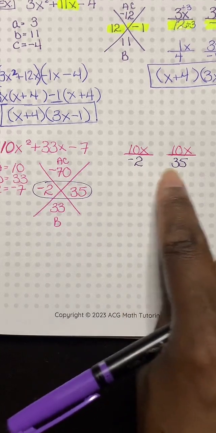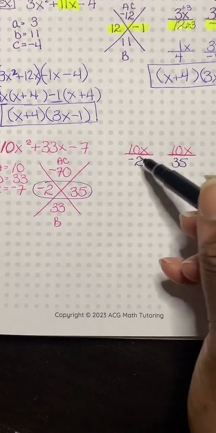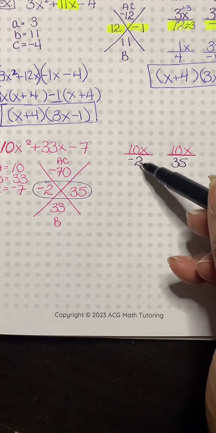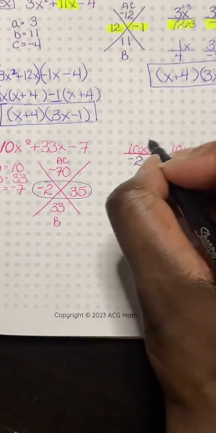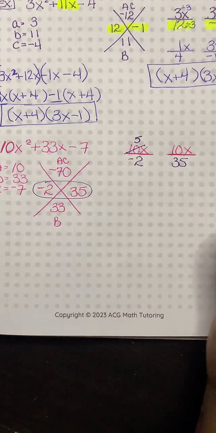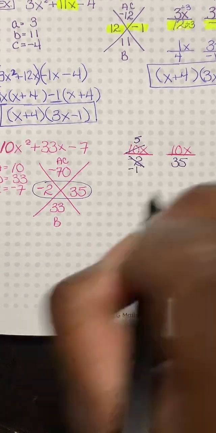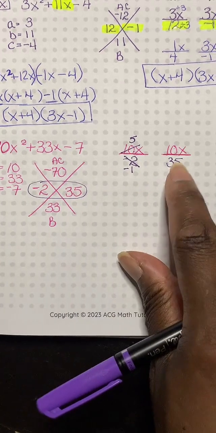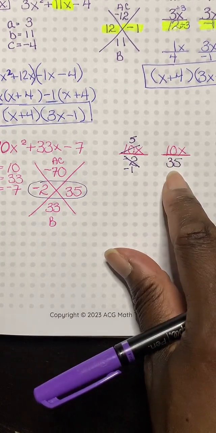So, looking at our ratios, this first one can be reduced. 10 and 2 are both even, so they're both divisible by 2. 10 divided by 2 gives me a 5, and negative 2 divided by 2 gives me a negative 1. Then 10x over 35.